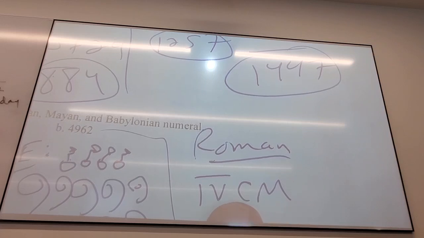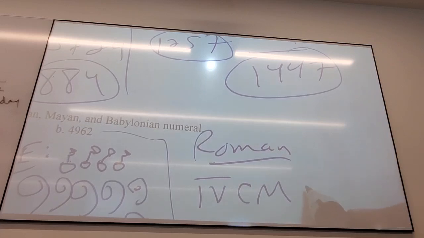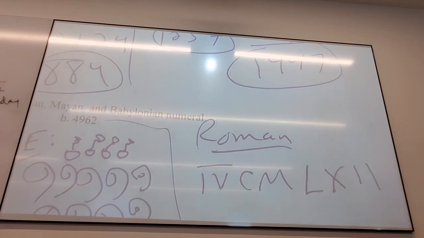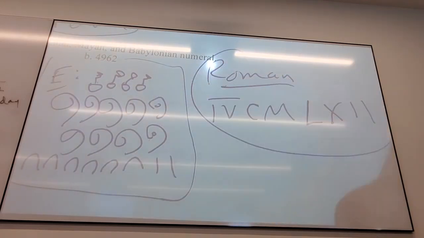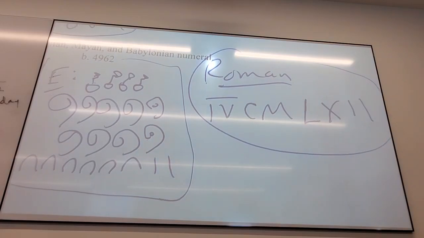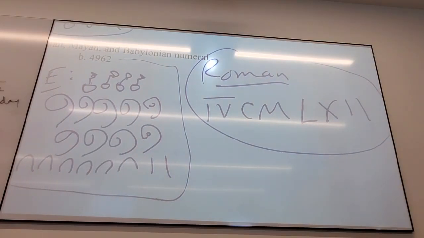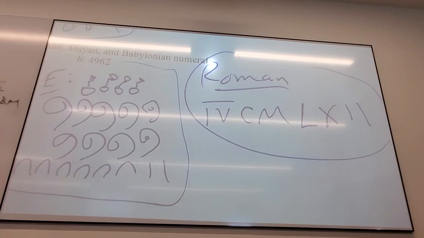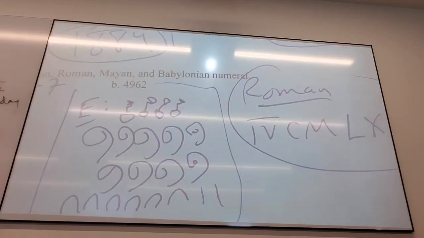So that's 4,900. 60 would be LX, and then 2. Yay. And then, let's see, Mayans.